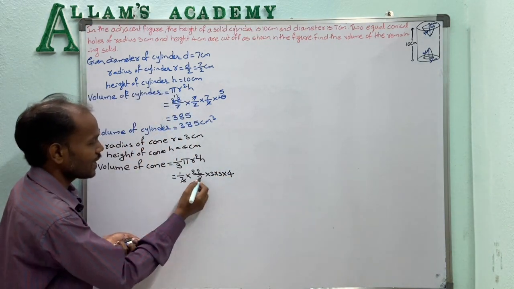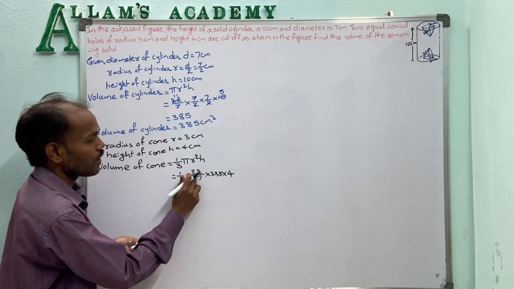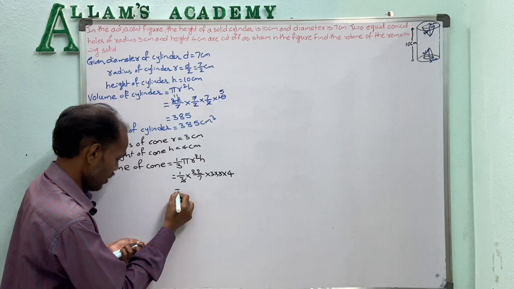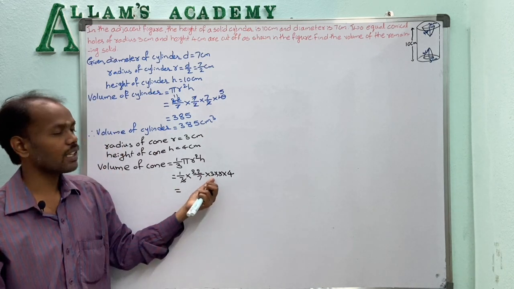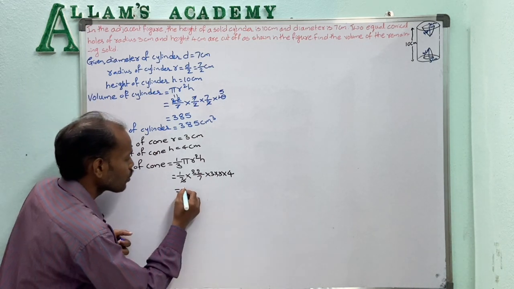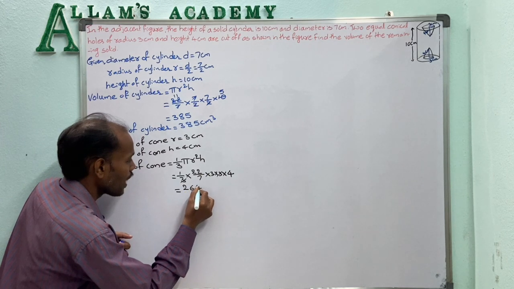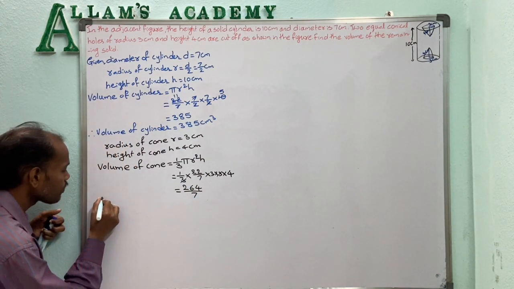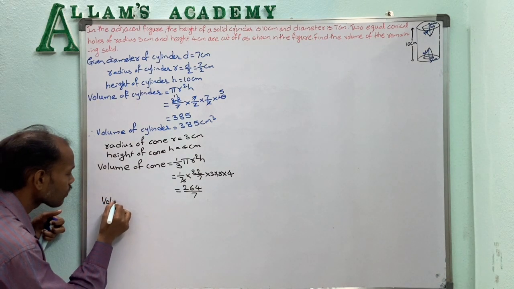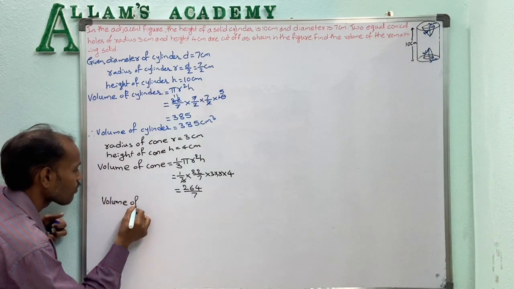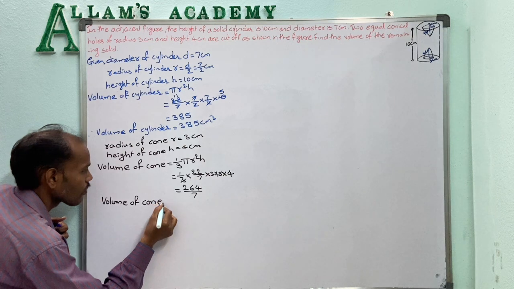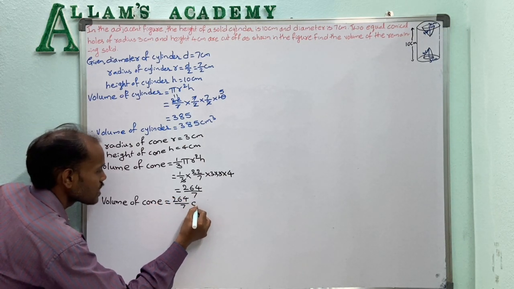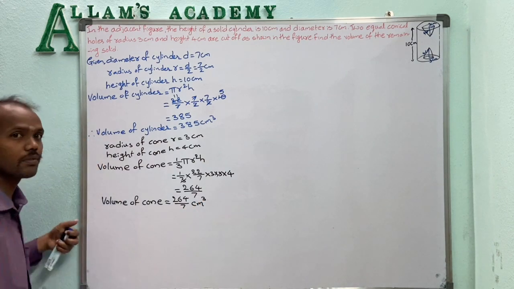So 3 gets cancelled. So 22 into 3 into 4 by 7 is 264 by 7. So now volume of cone equal to 264 by 7 centimeter cube.